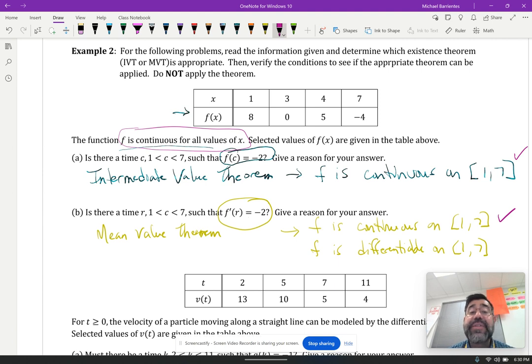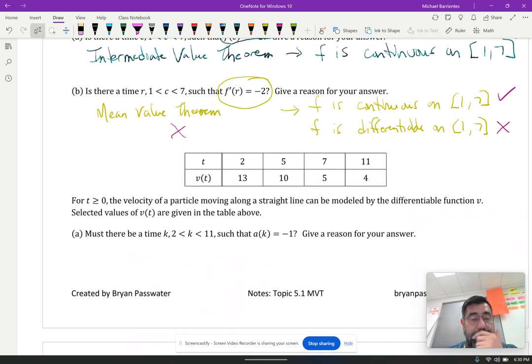But I don't know if it's differentiable, so that doesn't check out. And if I don't have my two conditions, then I can't do the mean value theorem. So right now, we're not actually doing anything with it. We're just trying to figure out which of the two big theorems that we've talked about this particular question applies to.